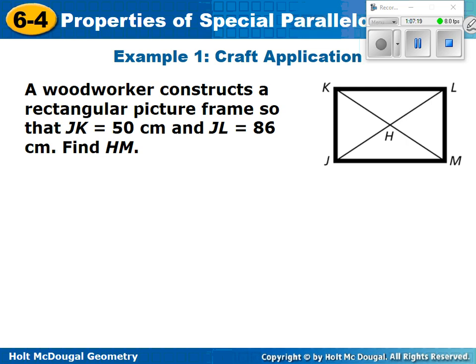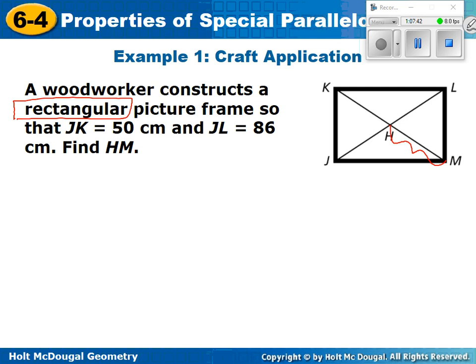What's a key word in that paragraph? Rectangular. So they're telling you this is a rectangle, which means right now you know that this shape has 7 properties. It's got all the properties of the parallelogram, it's got 4 right angles, and it's got congruent diagonals. So now you're going to use one of those properties to try to answer this question. What is HM?